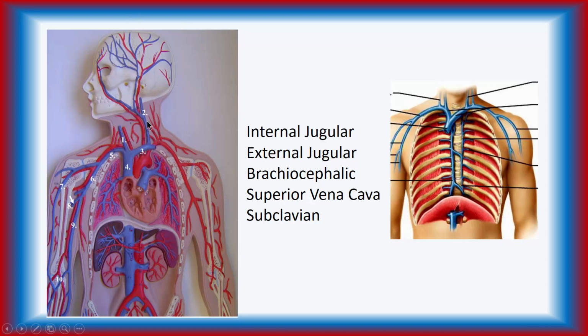So notice your internal jugular comes out of the jugular canal, or the jugular foramen, and coming down into the brachiocephalic branch. Your external jugular, of course, coming down from the outer side of the neck, and they merge then, and coming in from the arm you have the subclavian vein, number 5.